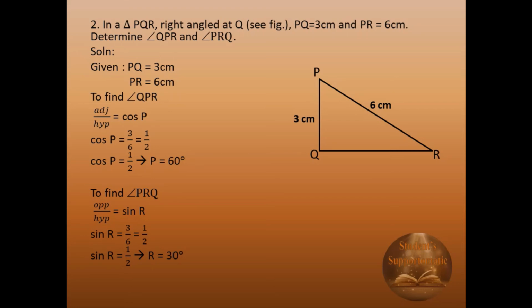So sine R is equal to 1 by 2 means R is equal to 30 degree. So we got the value of two angles, angle P and angle R. We determined that angle QPR is equal to 60 degree and angle PRQ is equal to 30 degree.